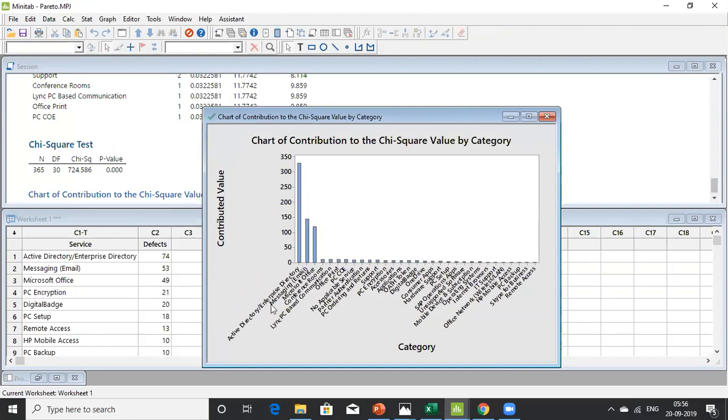Maybe the first category has more defects because the total volume on this particular one would be proportionately equal to the rest. You understand what I'm saying? Let's say it has 340 defects. These 340 defects might be coming from 1,000 units processed under this category, which is about 35%.